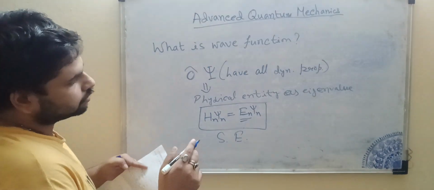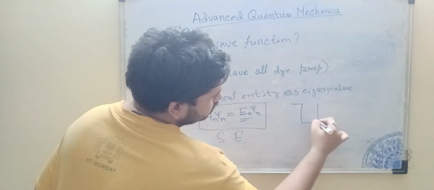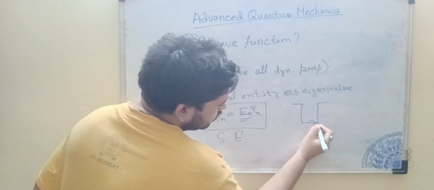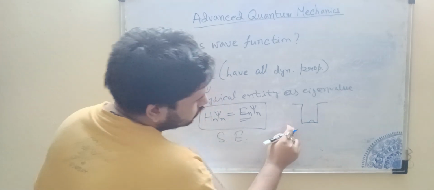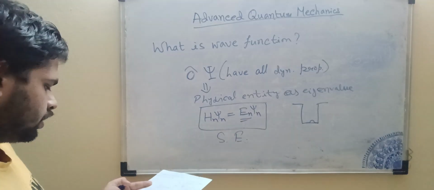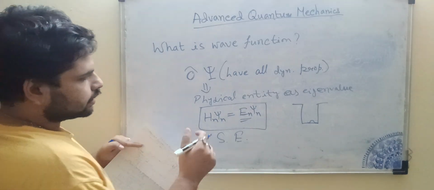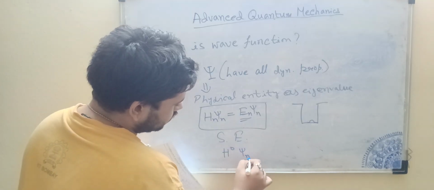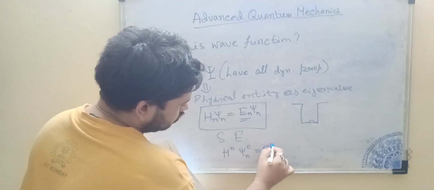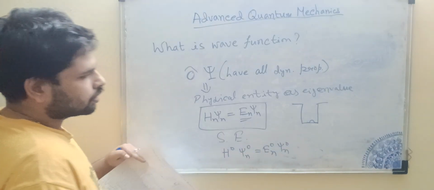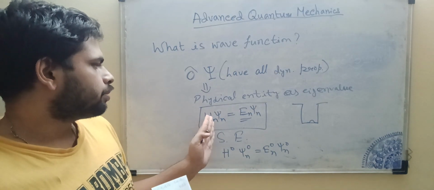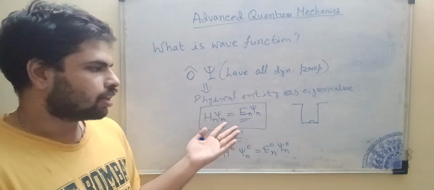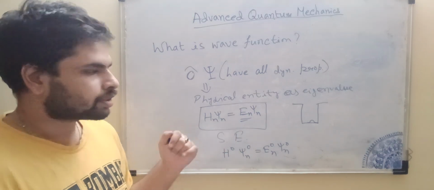Now the perturbation occurs in pictorial view. This is the potential well. Let's have a kink here. If there is a kink here, we have to derive using perturbation theory. When there is no perturbation, we define H0 psi n0 equal to En0 psi n0. When talking about a system without perturbation, we only have to demonstrate the wave function and get the eigenvalue corresponding to that eigenstate.